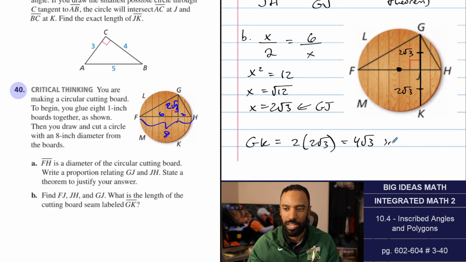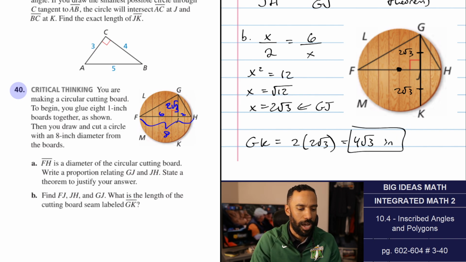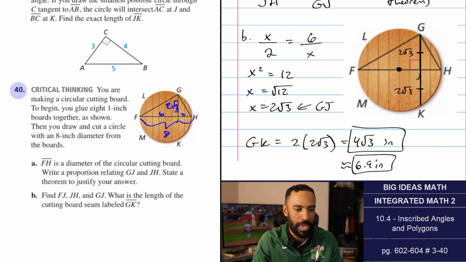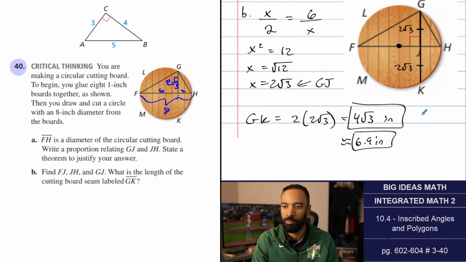Is this inches? Inches, like that. Let's see what that calculator approximation is. 4 times the square root of 3 is 6.9, around 6.9 inches. So that's how that works with the diameter. That's the length of the cutting board seam there.